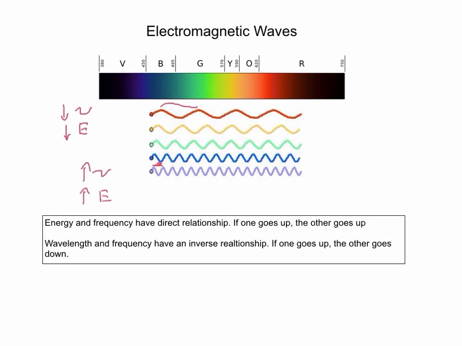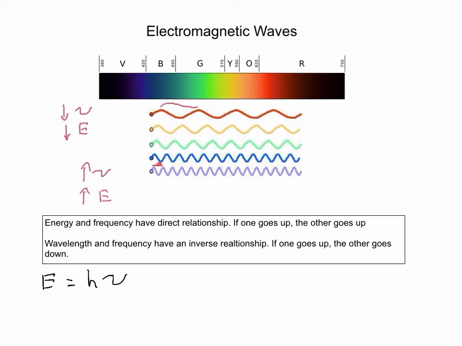And we have equations to represent these relationships. For the energy and frequency relationship, the equation is energy, E, equals h, which is known as Planck's constant. It's a number that we'll look at a little bit later, times nu, the frequency.